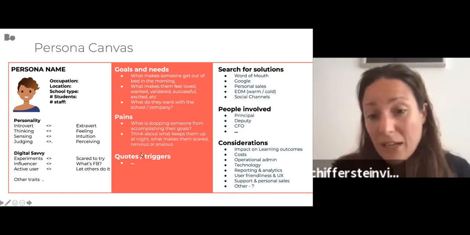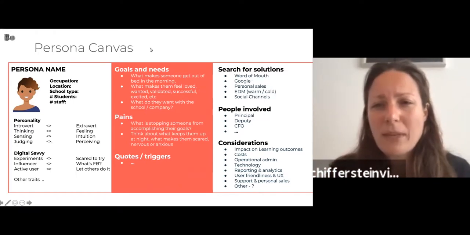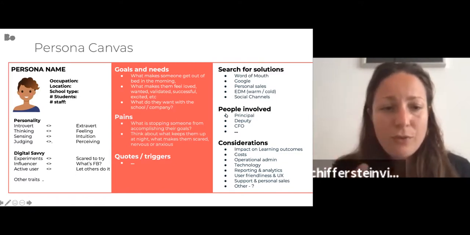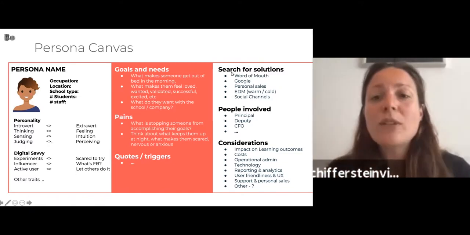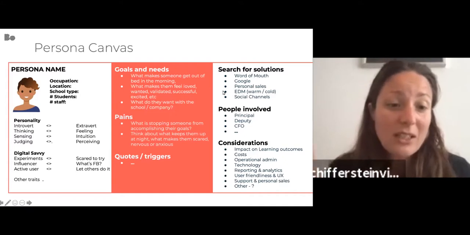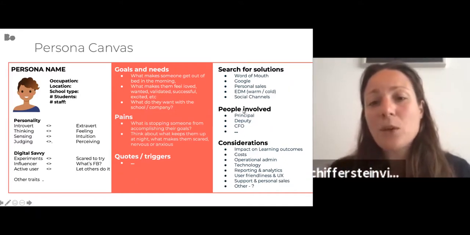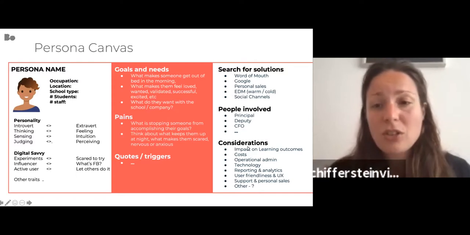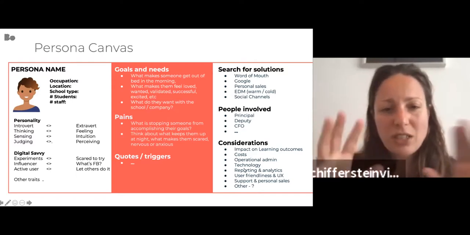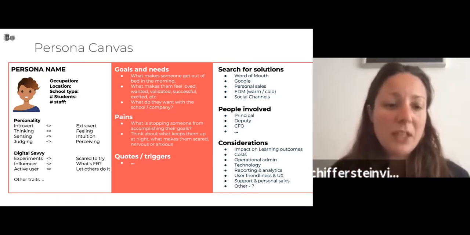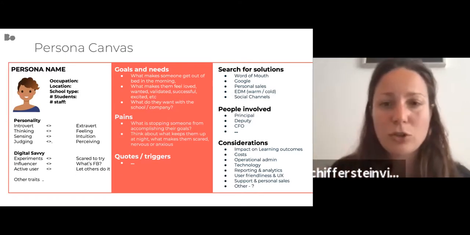Quotes you hear back from them. Always make it quite lively. And then you start figuring out how they search for solutions, which you can eventually use in your channel mix, which people are involved in the purchase, and what their considerations are. So these are typical things I want to really understand when I speak to someone, to nail down the persona for my solution.